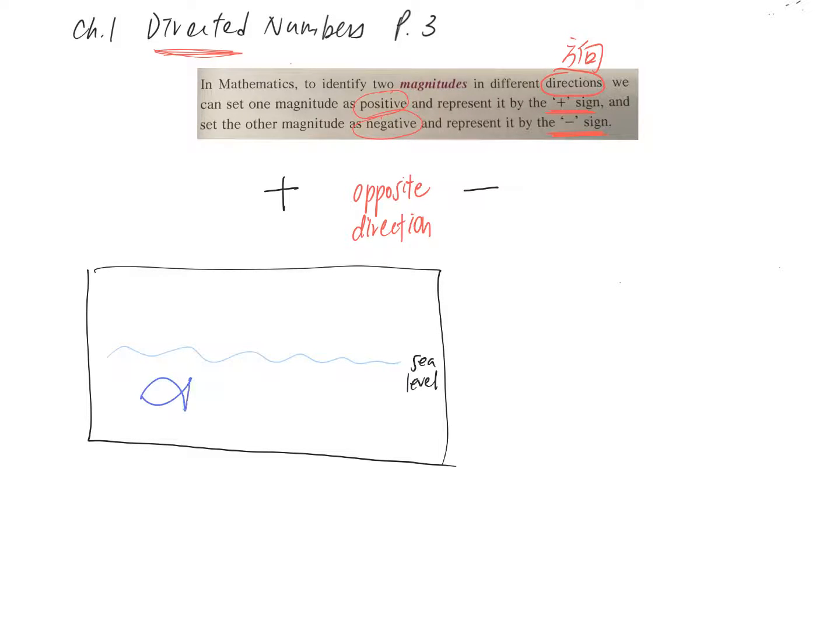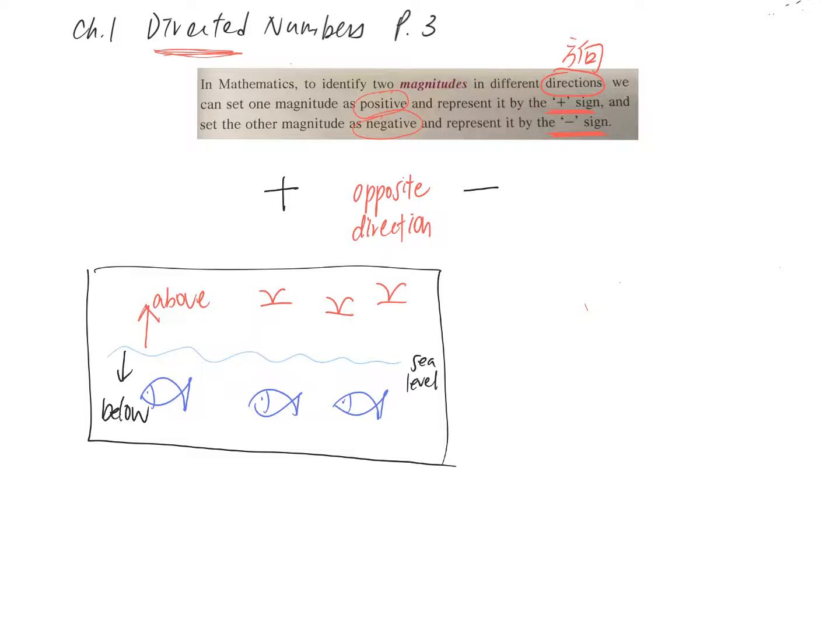They are living in the sea, right? In this direction, we call this below the sea level. And the opposite direction is that something is living above the sea level. Let's say some birds, they're flying above the water, right?